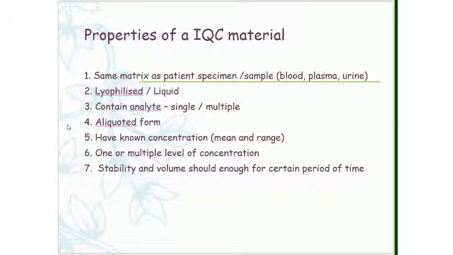It is in aliquoted form. It has a known concentration, which consists of mean and range. It has one or multiple levels of concentration. And last but not least, the stability and volume should be enough for a certain period of time.